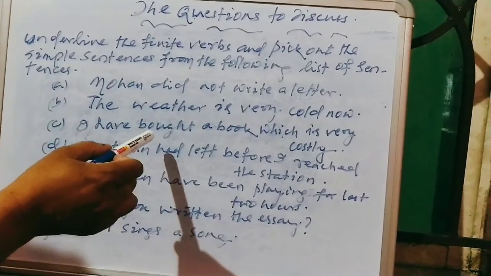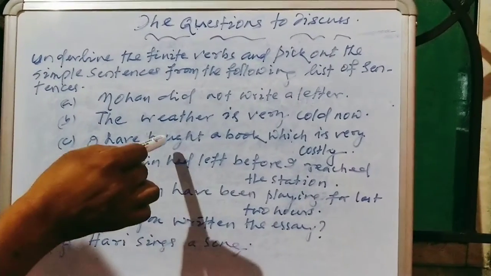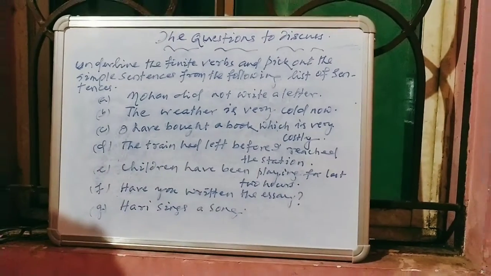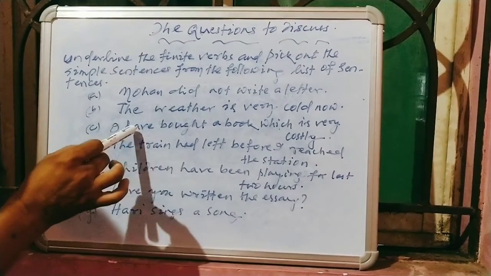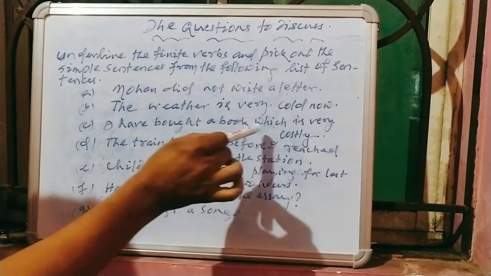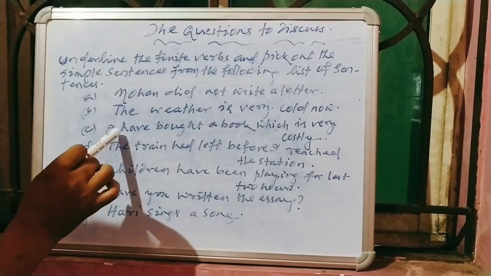My question is that, just see this sentence very closely. We have 2 different clauses here. How many clauses? 2 different clauses here we have.